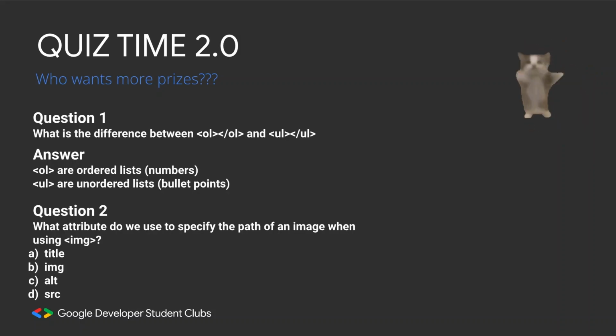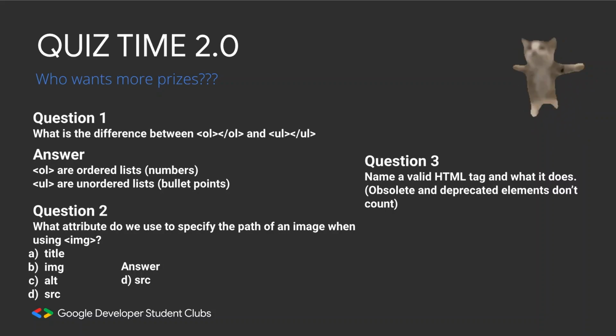Does anyone want stickers? They're pretty cool stickers. Is it D? Yeah, it's D. You can get a sticker. Does anyone want any stickers? If you can name a valid HTML tag and what it does, you get a sticker. You can't say marquee because that's deprecated, and we don't use that. Button makes a clickable button.